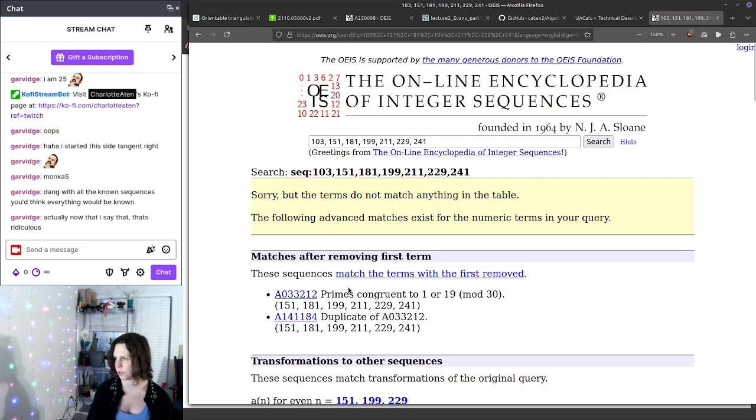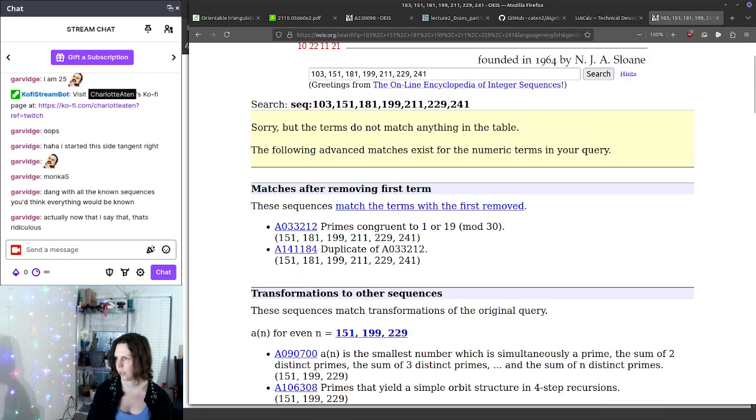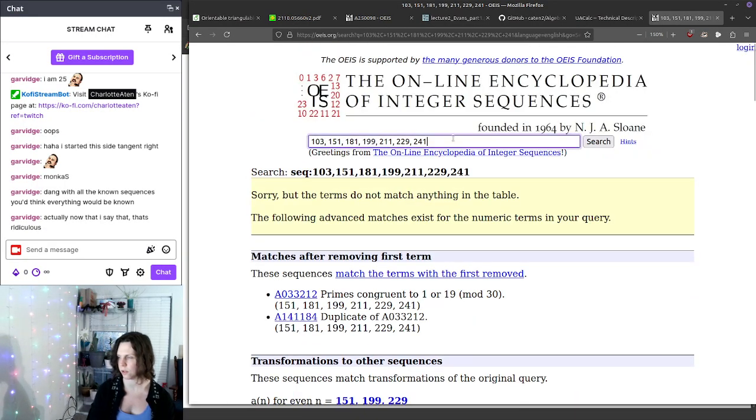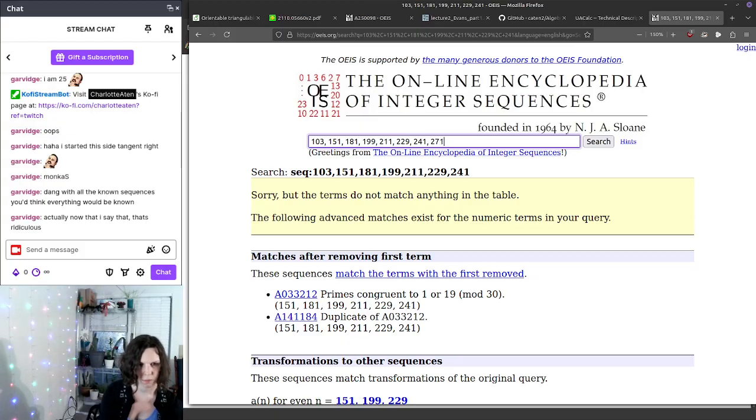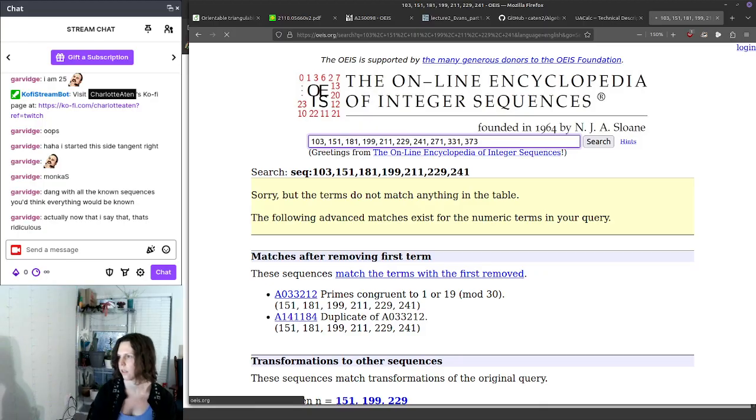After removing the first term, okay, let's try to add some more to it because that's something. 271, 331, 373.